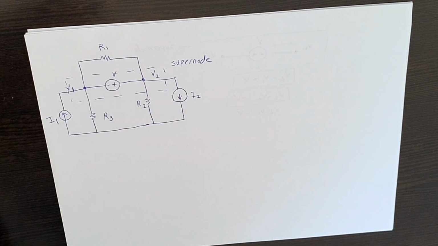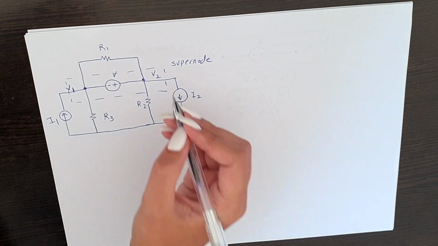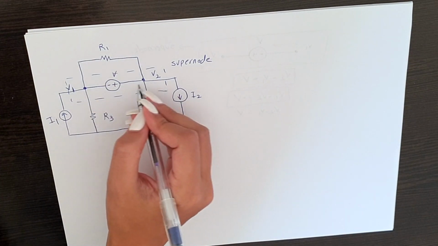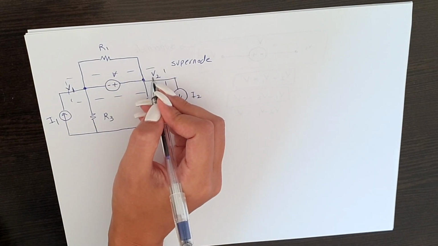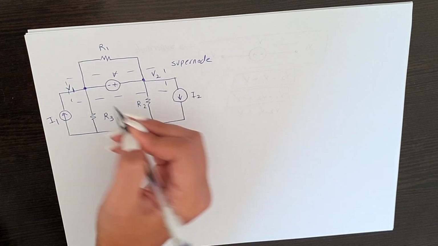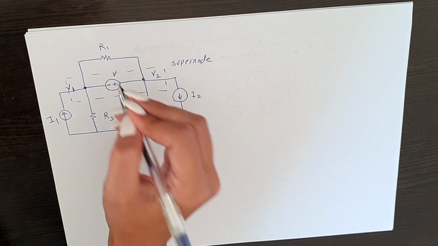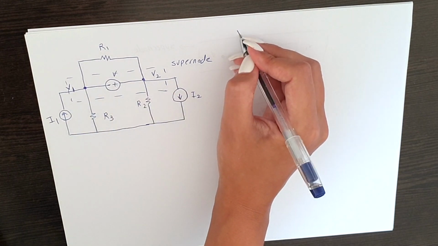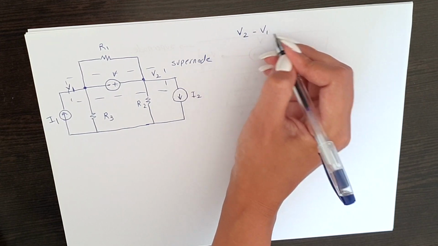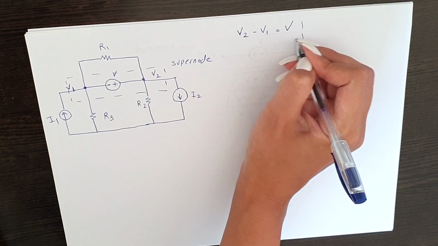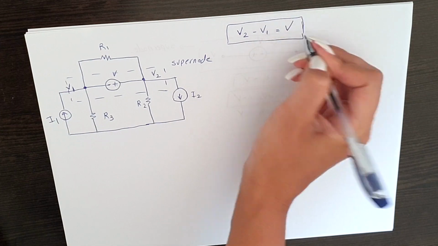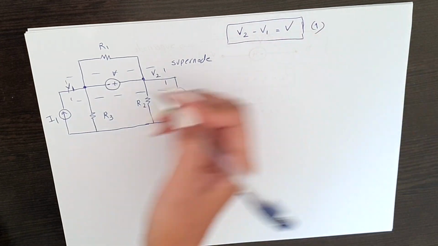Here, when we want to write, first of all, we said that when we have this super node, we say voltage on the positive side minus voltage on the negative side is gonna be the voltage in between. So already we have an equation, our first equation, because as you can see here, we have two variables, V1 and V2.